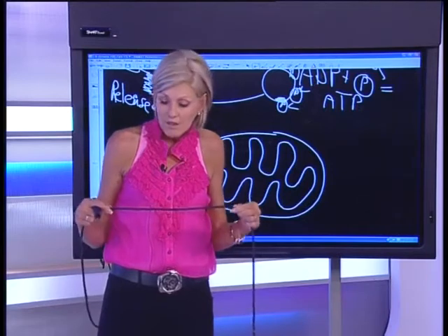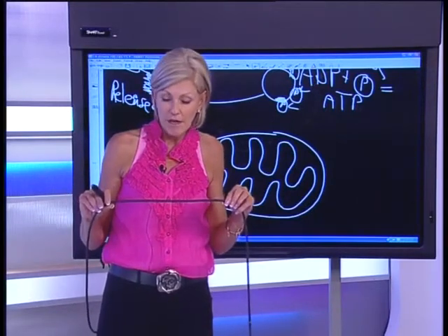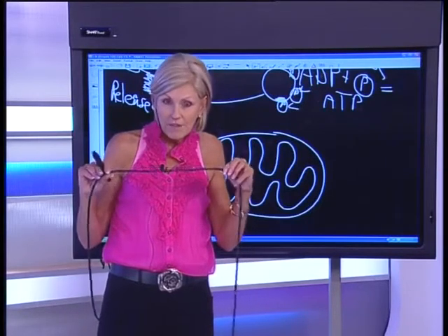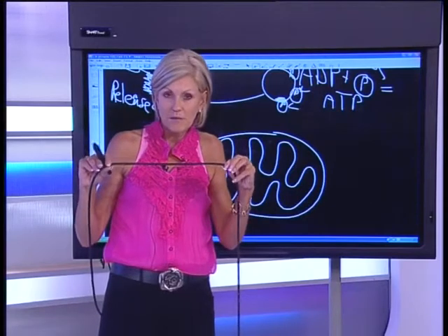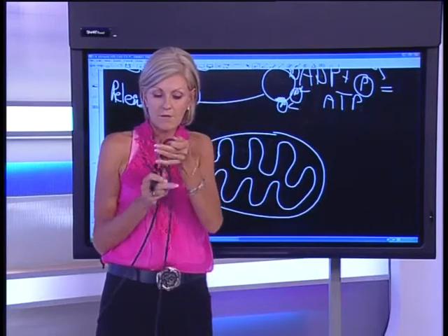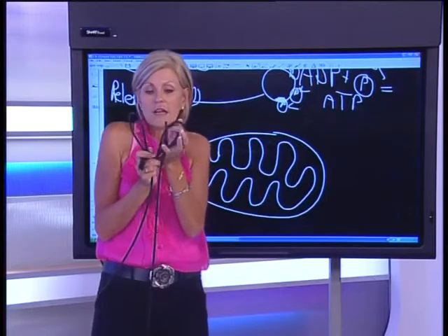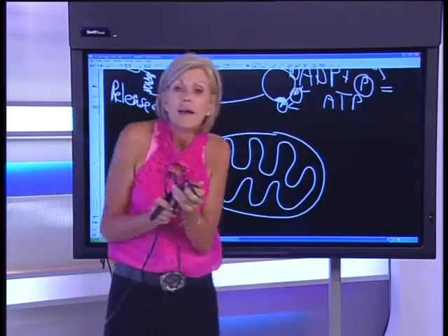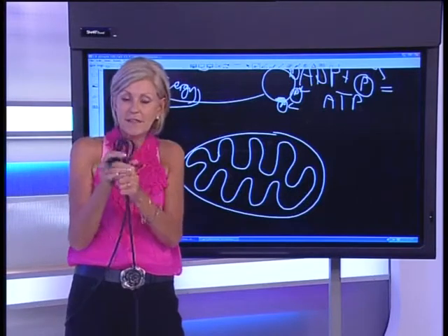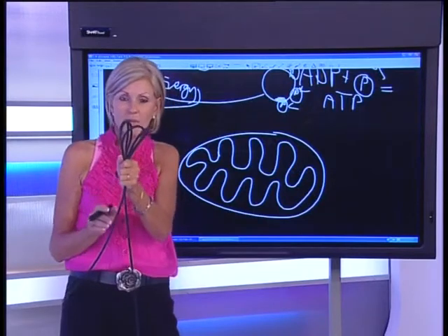If I want to take this, it's about 30 centimeters, and I want to squash it and increase the surface area, I can fit 30 of these lengths into this piece because I put a fold in it, which means I can put another fold in it, and another fold, until I've got pretty much all the wiring that I have around me here, and they're all on 30 centimeters. So I've increased that surface area 4 times, and I'm holding it here in my hand.